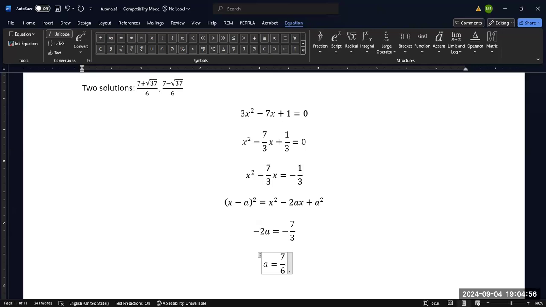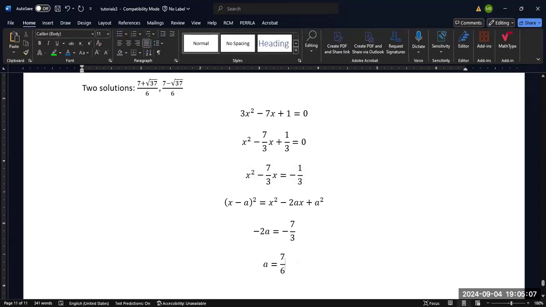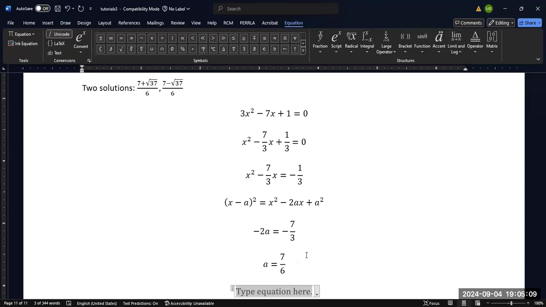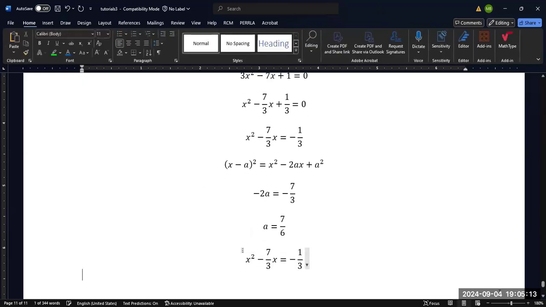Now, in order to get the constant that completes that square, I'm going to add a squared to not only the left side of the equation to complete the square, but also the right side of the equation. So my equation up here is going to become now 7 over 6 squared. And because I did it to the left side, I have to do it to the right side.